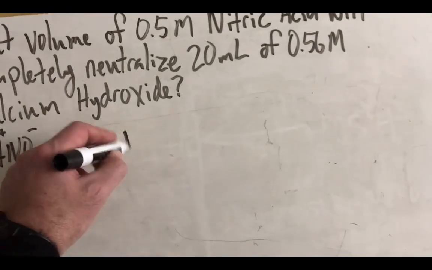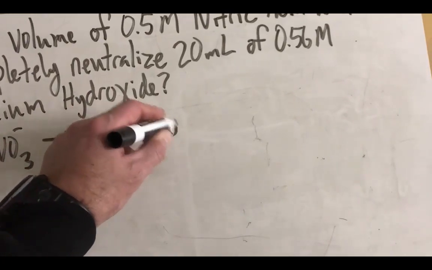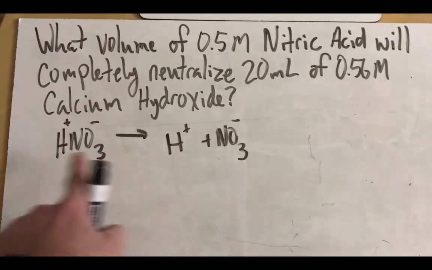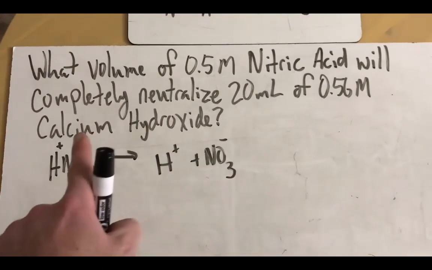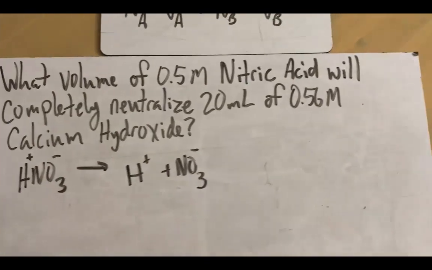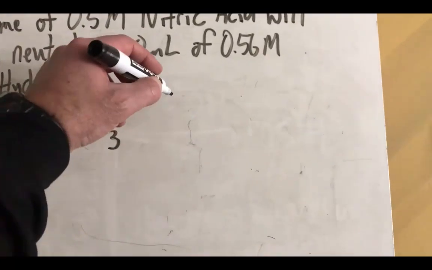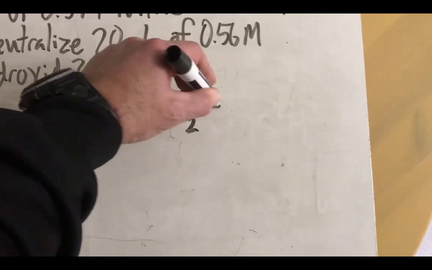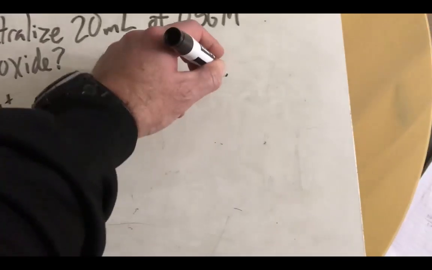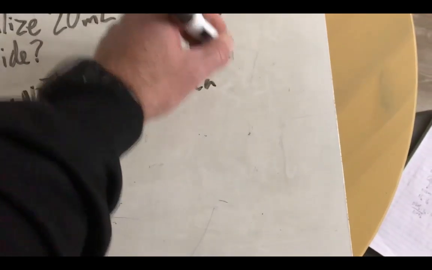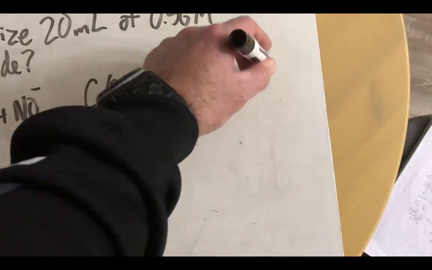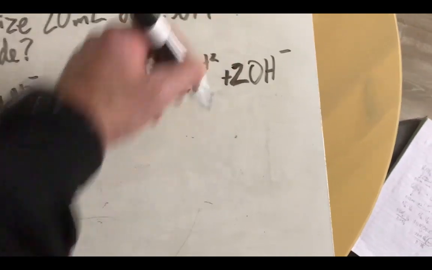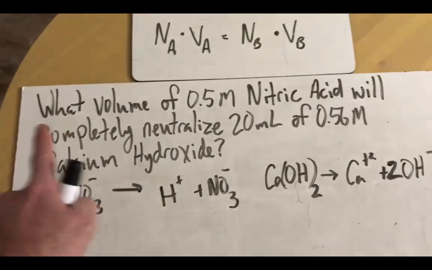This is going to turn into our hydrogen ion and our nitrate ion. It's a 1, so I don't need to put any numbers in front of those. And then we're going to check our calcium hydroxide, Ca(OH)2. When this dissociates, we're going to have calcium ion and hydroxide ions. Now, how many do I need? It's going to be 2 of those things, okay? So we take a look at our answers here.